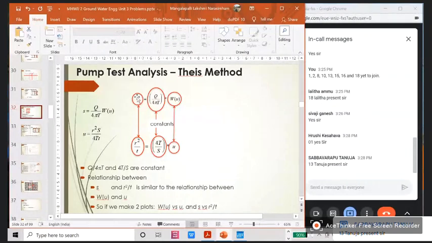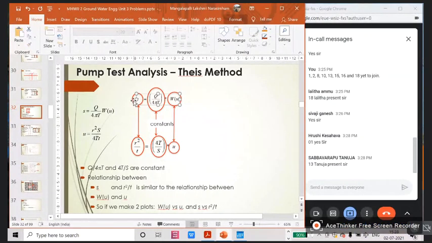If you look at S and R square by T, they are obtained from the pumping test.